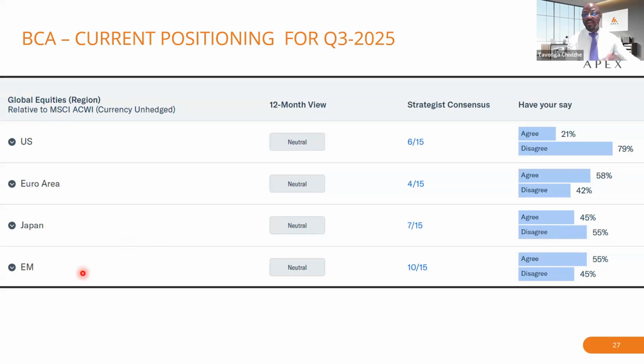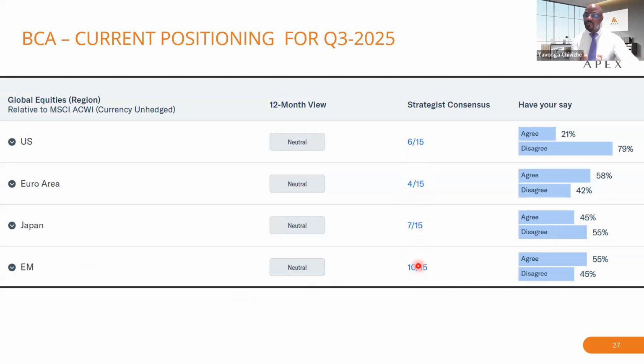Emerging markets, we are at least neutral. We love EM, we love South Africa, we love China. It's a neutral exposure. There's a very high conviction. Well, I'm going to say very high, 1, because of a bias, but 2, because 10/15 is clearly better than 7/15, much better than 4/15, and certainly better than 6/15.